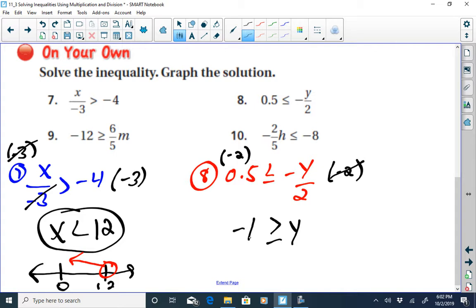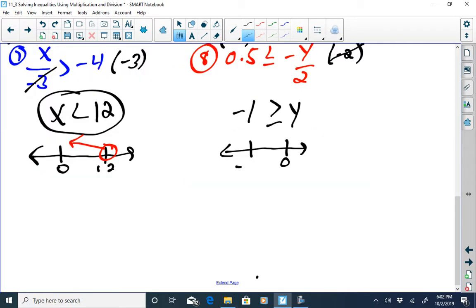That should be -1. It is a reversed inequality, so when I go to graph it, let's just be careful. We have 0, -1, -1 is to the left of 0. It's a closed circle, but my arrow is going to go in the opposite direction here because it is a reversed inequality. Well, let's check it.